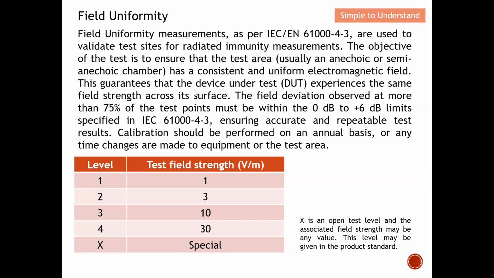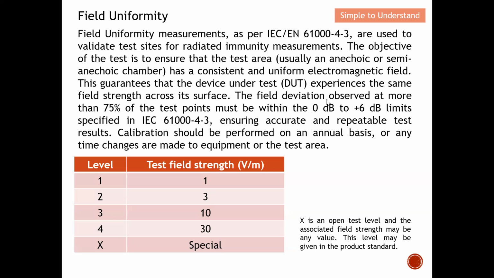In short, we need to ensure that all the test area where we are going to put our DUT is consistent, with a uniform electromagnetic field strength, so that the DUT experiences the same field strength across its surface.